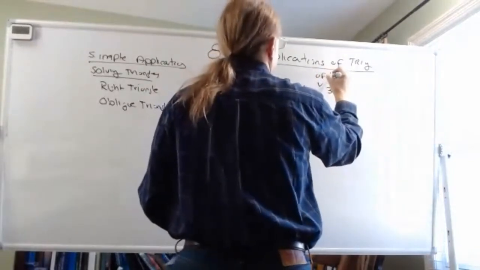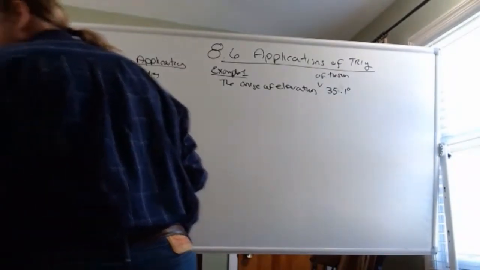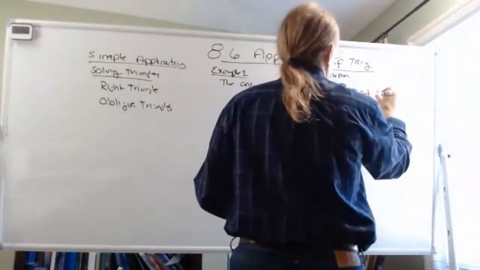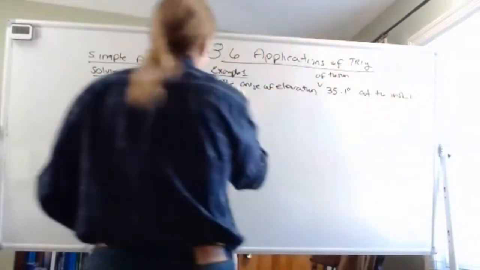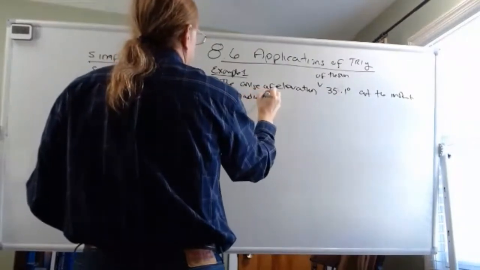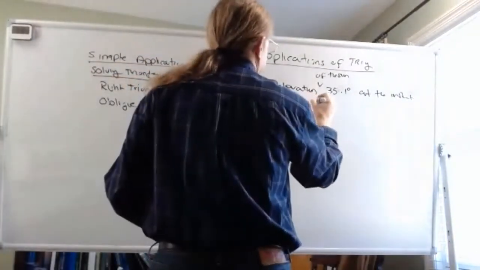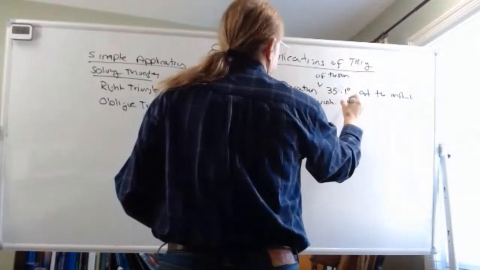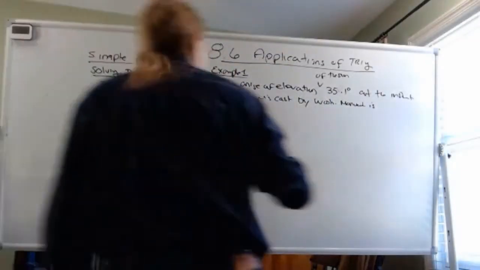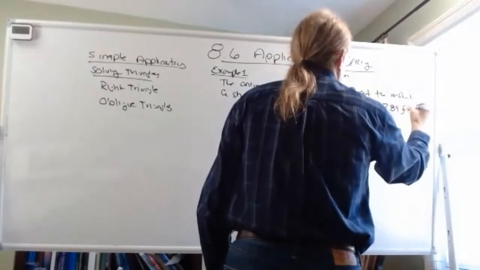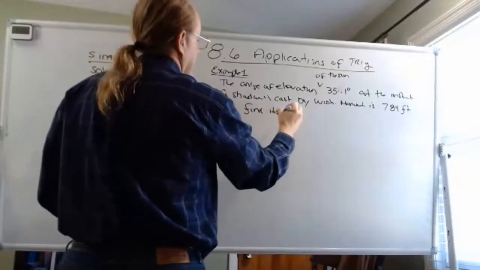At the instant, the shadow cast by the sun off the Washington Monument is 789 feet long. Find the height of the monument.